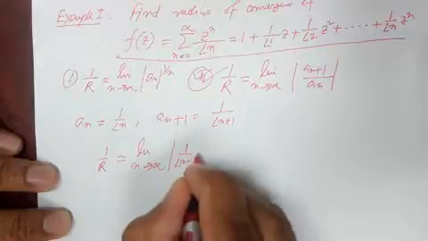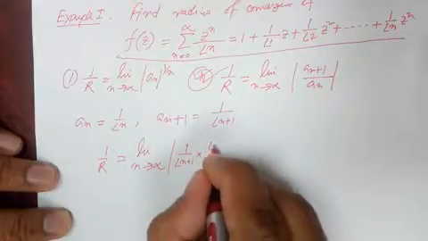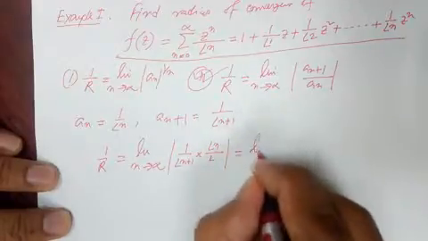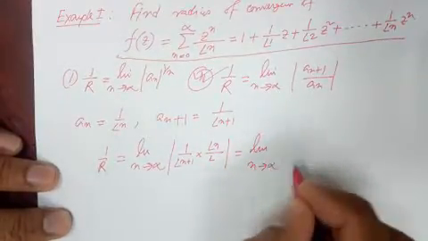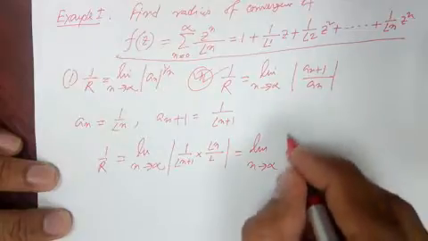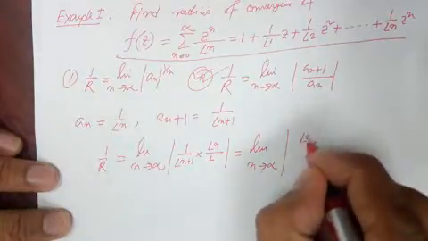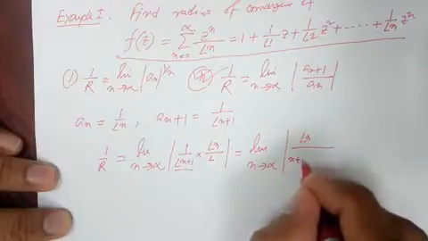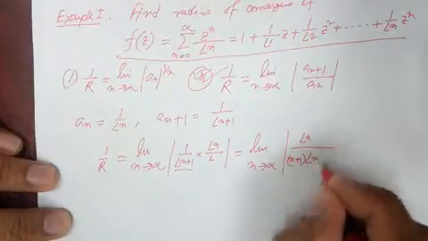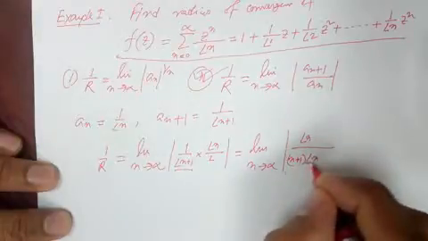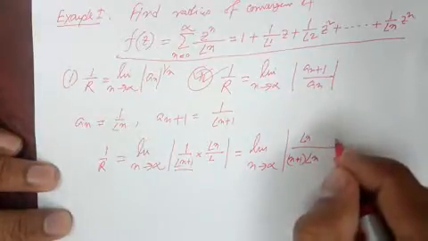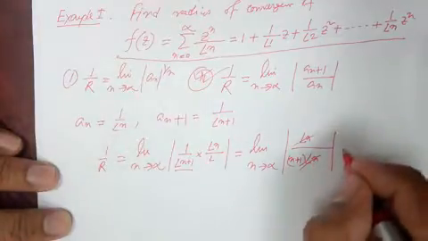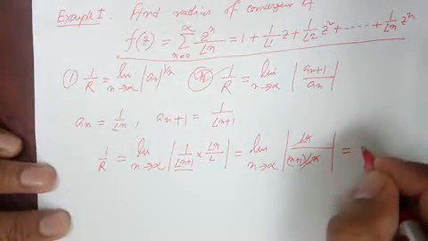Then taking the limit as n tends to infinity, we can write factorial n over (n plus 1) times factorial n, and then we can see that these cancel, and the result is 0.